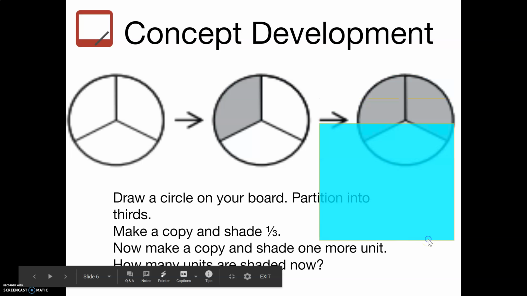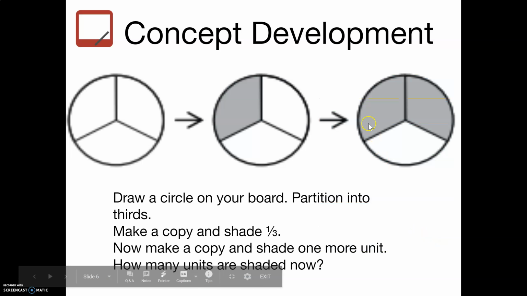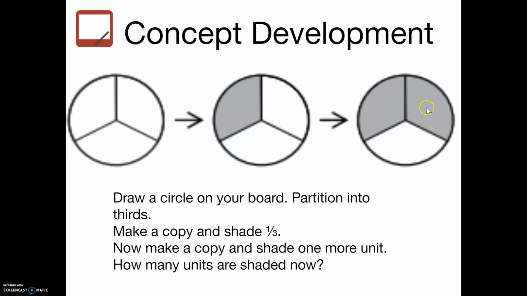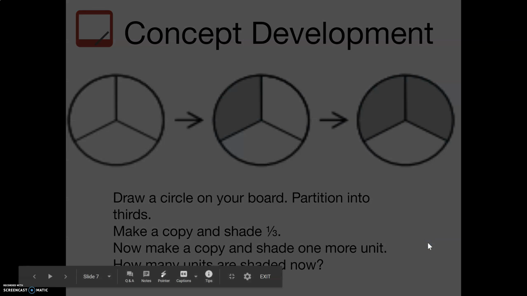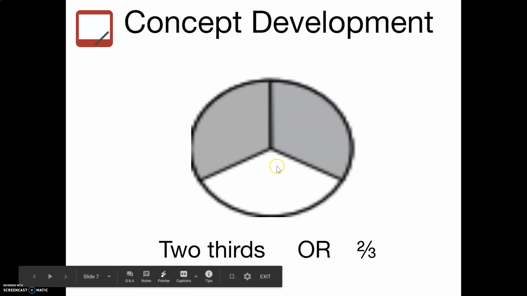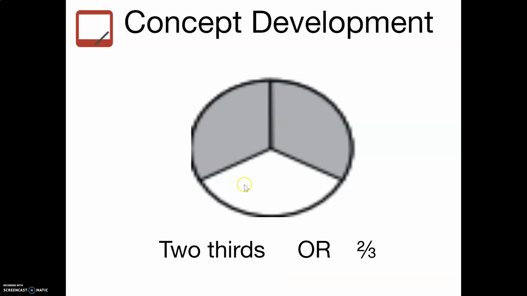Now I'd like for you to make another copy, and I'd like you to shade in one more third, one more unit. So how many units are shaded now? That's right, 2/3 are shaded in, or 2 out of 3 equal parts are shaded in.